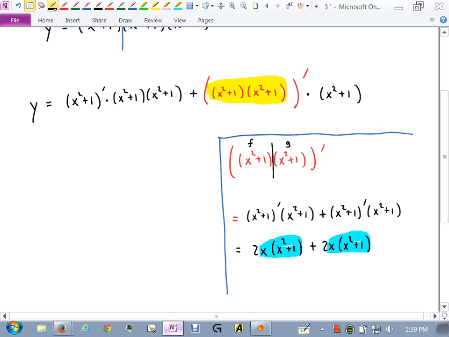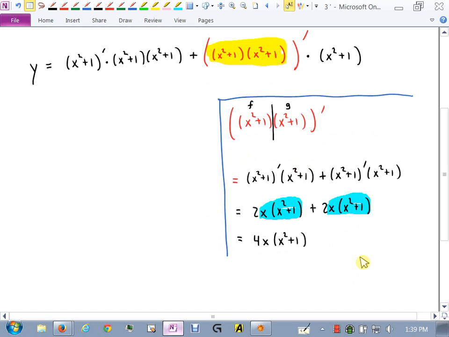I didn't hear anyone say 4, so I'm just making sure we're comfortable. This is 4x times x squared plus 1. I'm adding 2 and 2 together. I get 4. Just add the coefficients, right? 2x plus 2x is 4x, except this is 2 blue plus 2 blue is 4 blue.